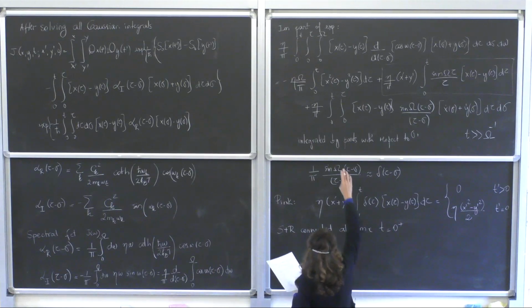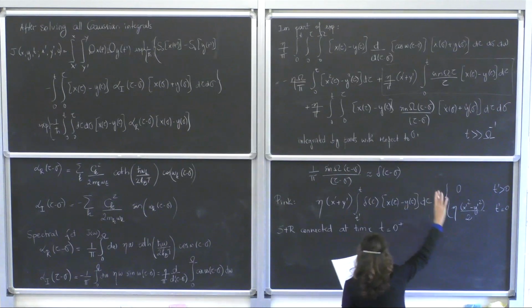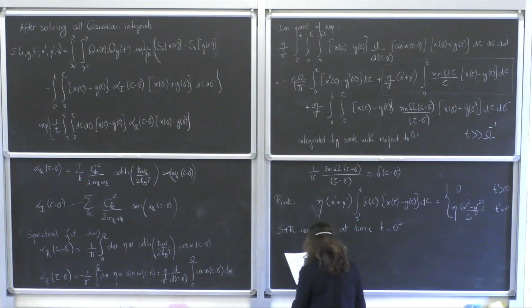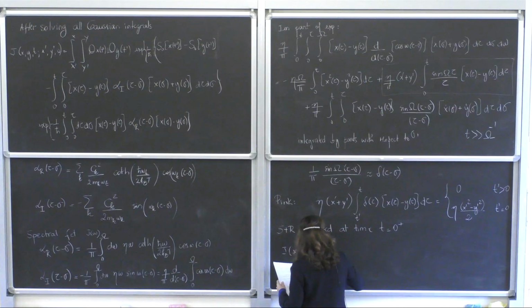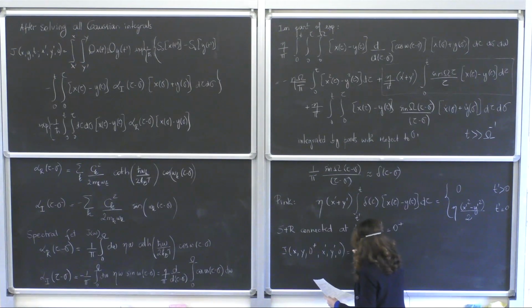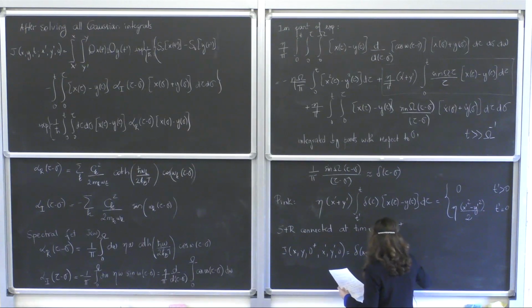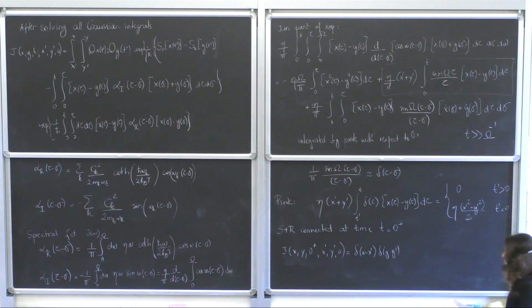If in the third one I keep the 0, nothing changes because it's tau minus sigma, everything is fine, we have no trouble. And then to get the right boundary conditions, you can say that your superpropagator F at t equal 0 plus, x prime y prime, is a delta of x minus x prime. This is the initial condition. Okay?